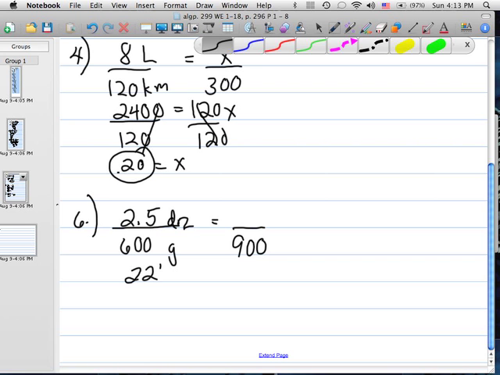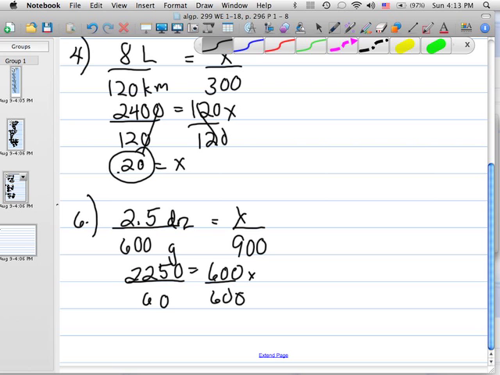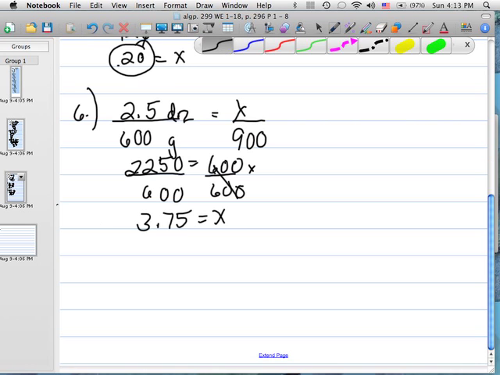And that's 2,250 equals 600x. Divide by 600. And we get 3.75 equals x. So our answer is 3 3/4 dozens.